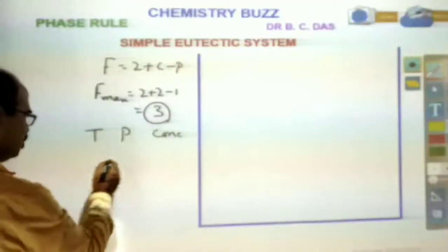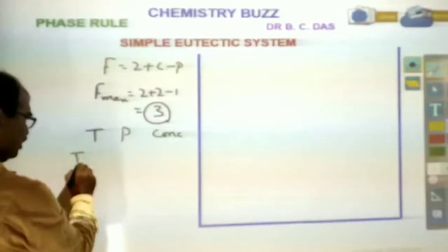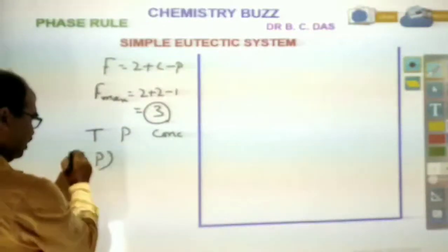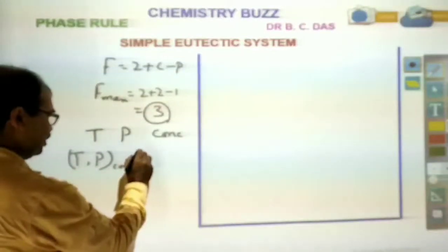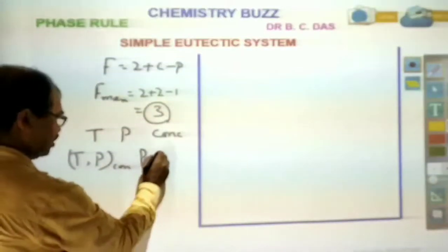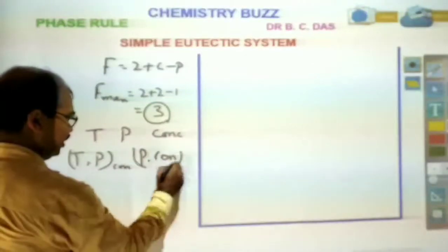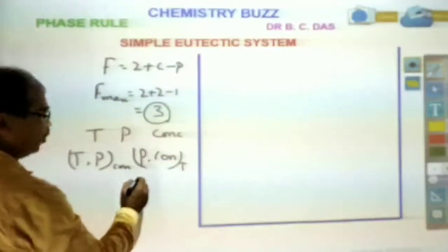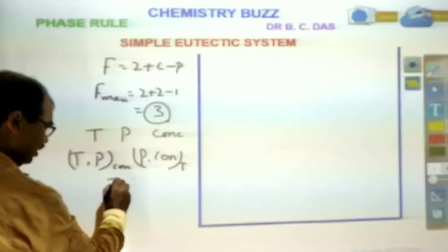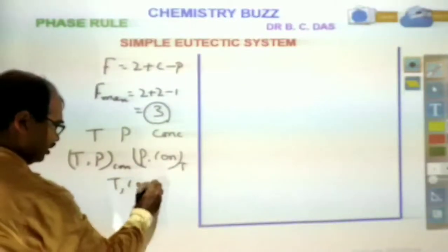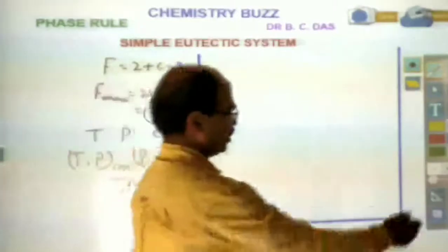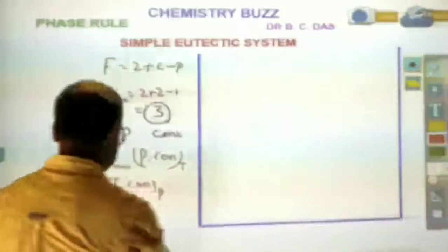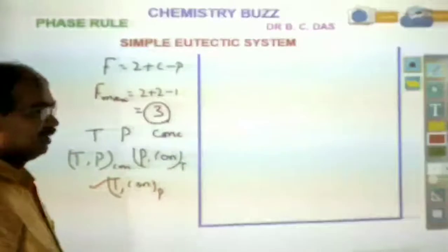There are so many possibilities, that is T and P are variable when concentration is constant, and P and concentration when T is constant. Also T and concentration with P constant.